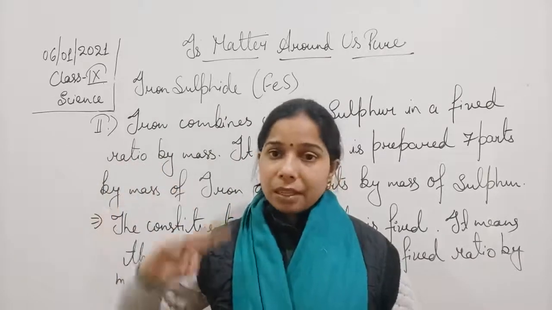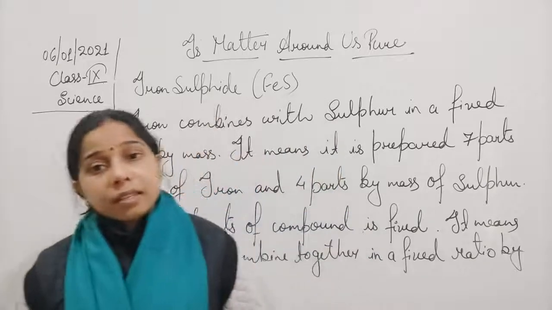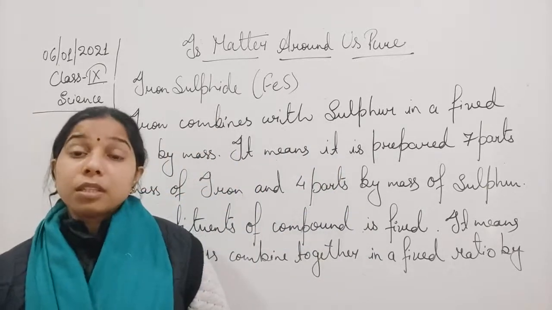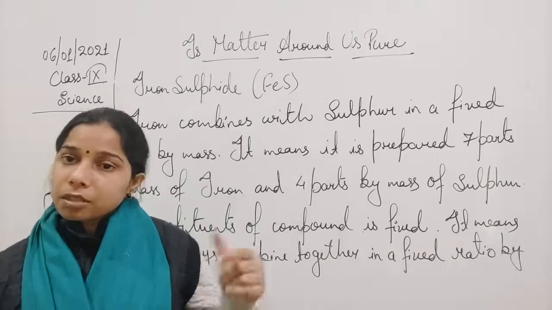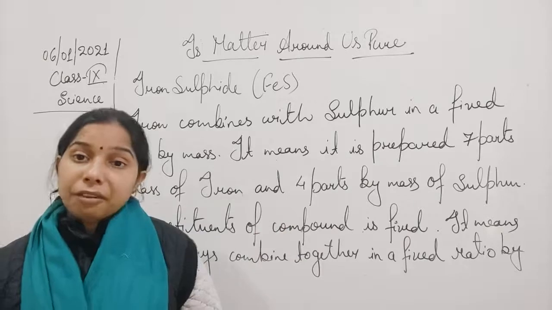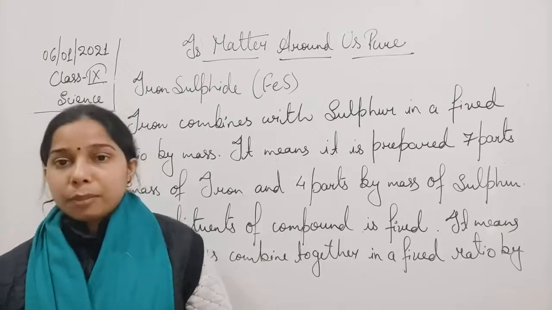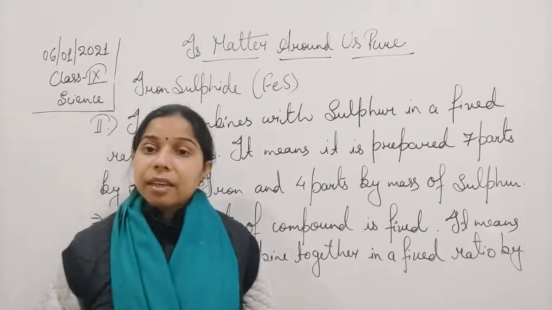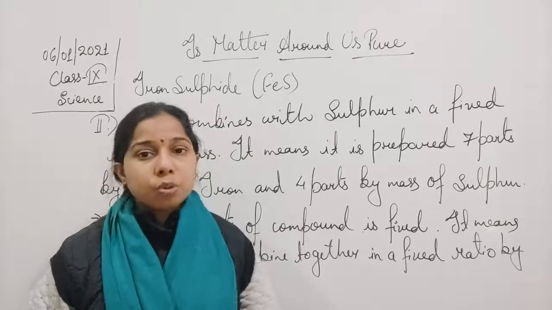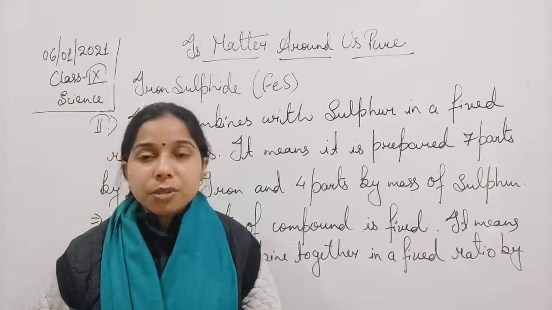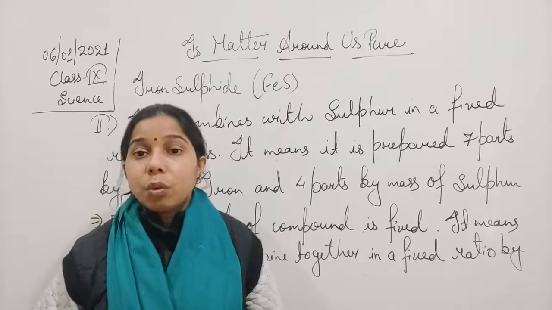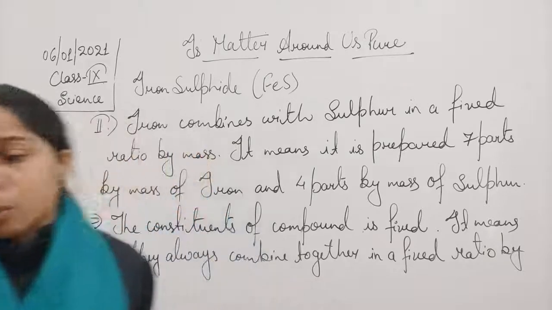Since they do not show their individual properties, they are one compound only, so they have a definite melting point and boiling point. In a mixture, each substance shows its own property and so they have different melting and boiling points, but a compound has only one melting point and boiling point.